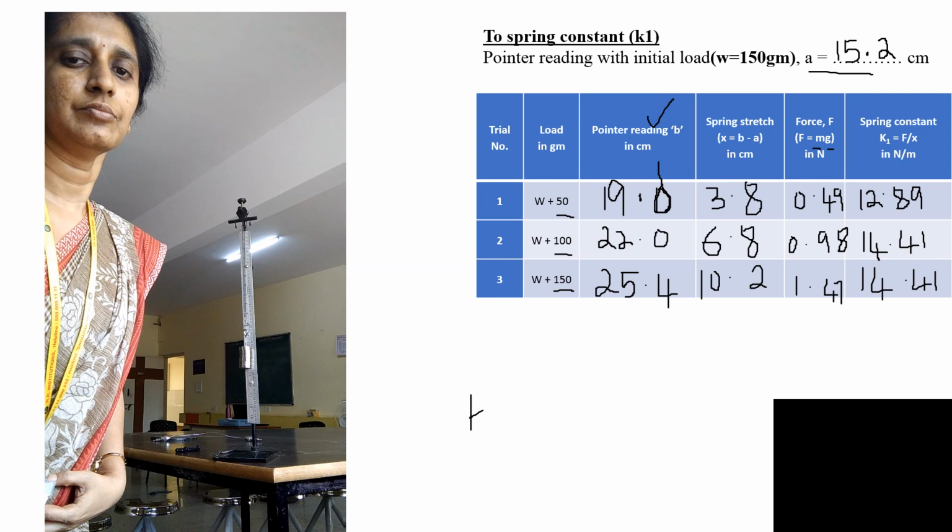So the spring constant for the first spring appears to be 13.9.